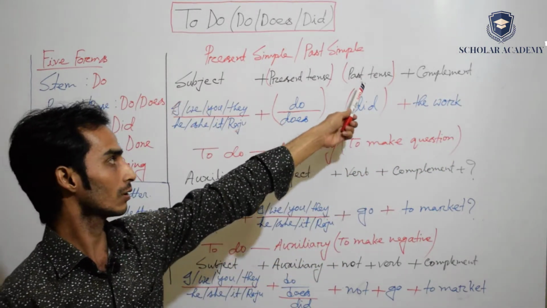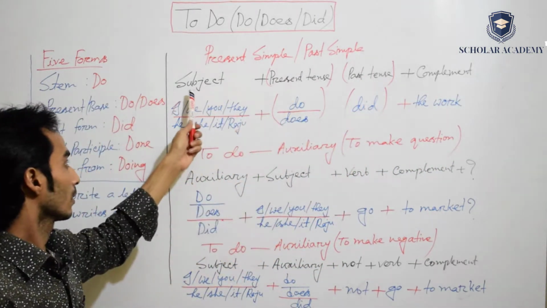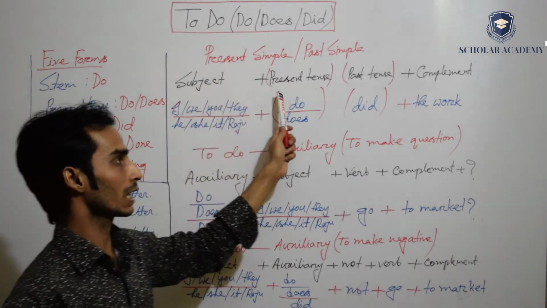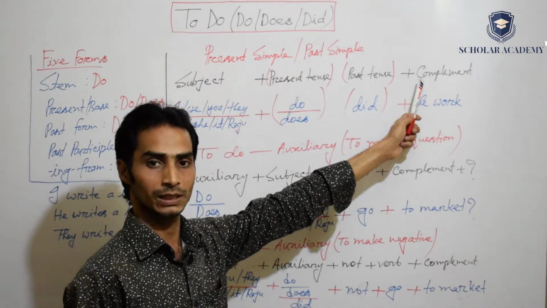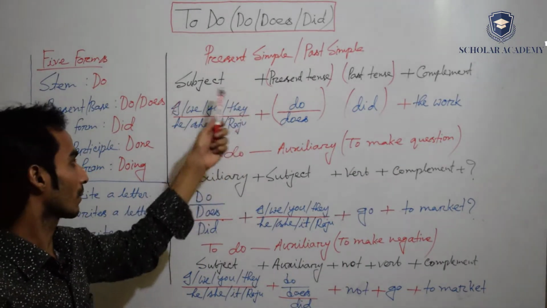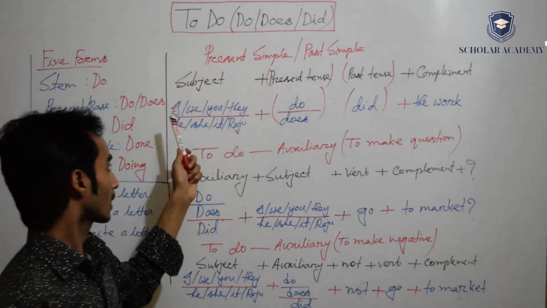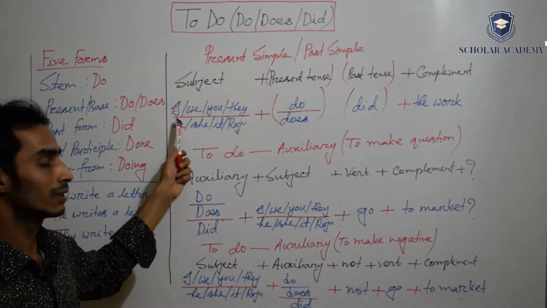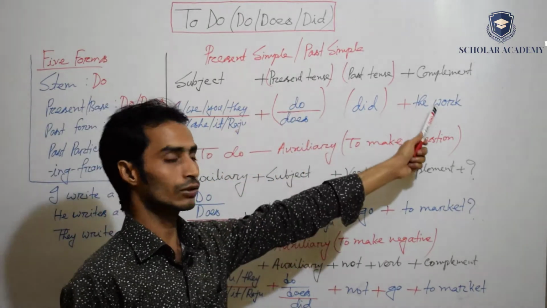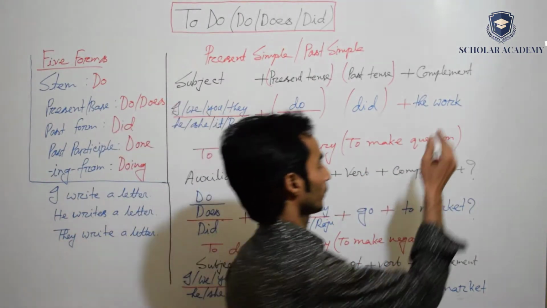If the subject is I, we will have to use do, and then complement if any.